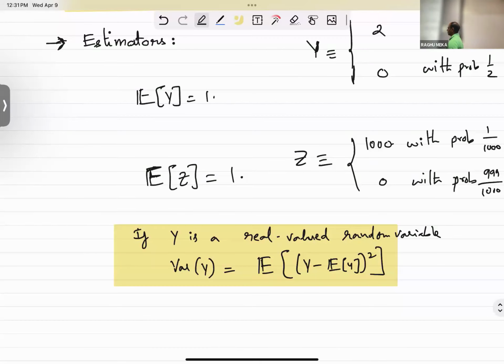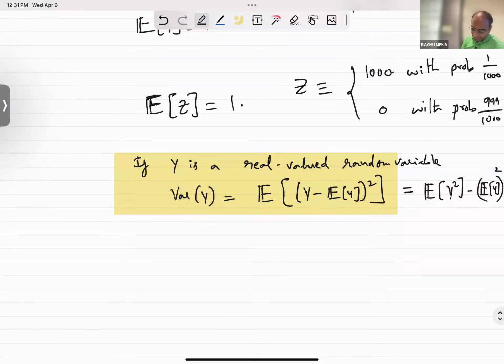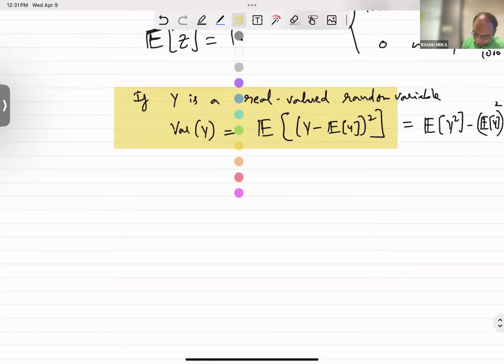Okay. So the squared distance from the expected value, in expectation. Another way to write this is just the expectation of y squared minus the square of the expectation. Right. And you can also define a similar quantity for vector valued random variables.